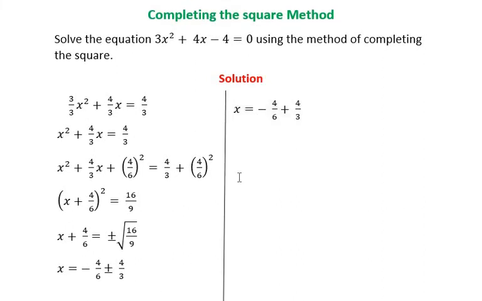So the first part is x equals negative 4 over 6 plus 4 over 3, and the next one is the subtraction, so we get the value of the first x and the other x, which is the second part. Therefore, x equals 2 over 3, which is the solution of the first part, and x equals negative 2, which is the solution of the second part.